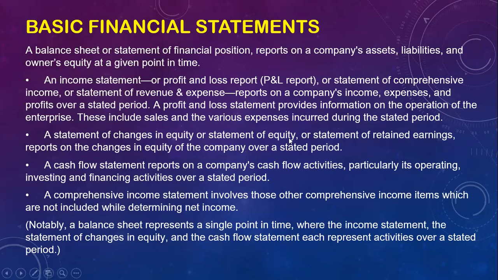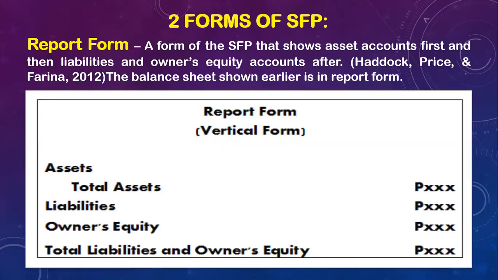So, next, two forms of SFP. Meron dalawang forms ang ating statement of financial position or balance sheet. Ito yung report form or vertical form. Report form is a form of the SFP that shows asset accounts first and then liabilities and owner's equity accounts after.